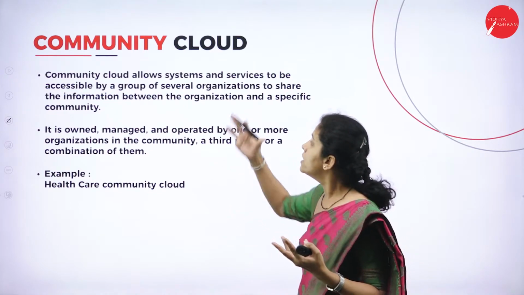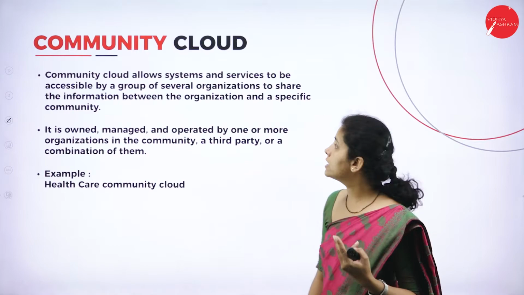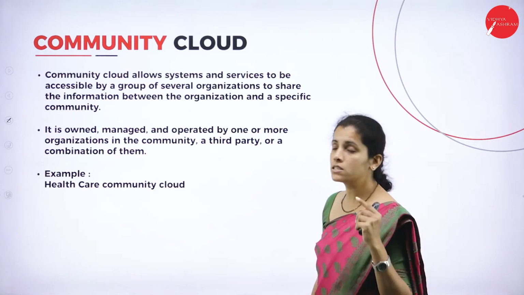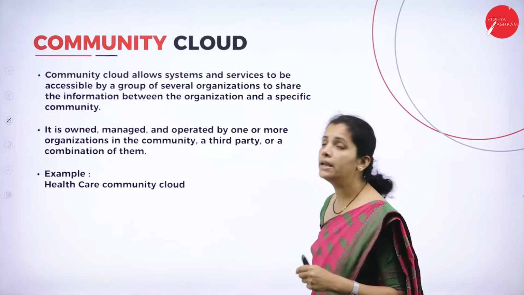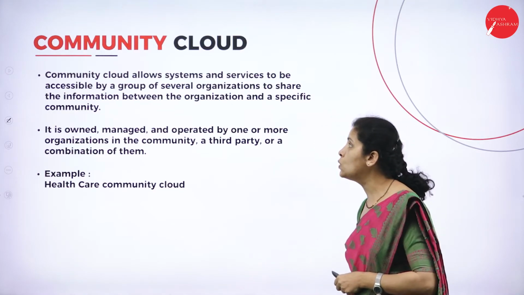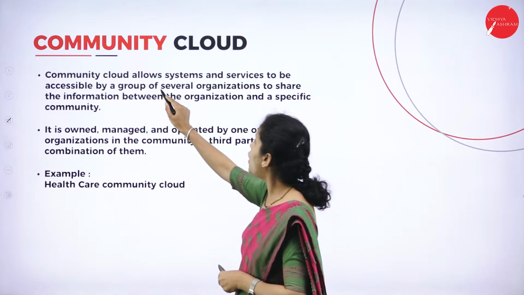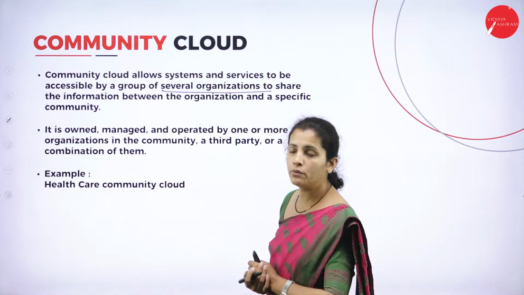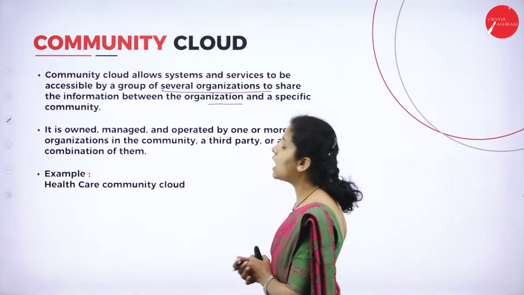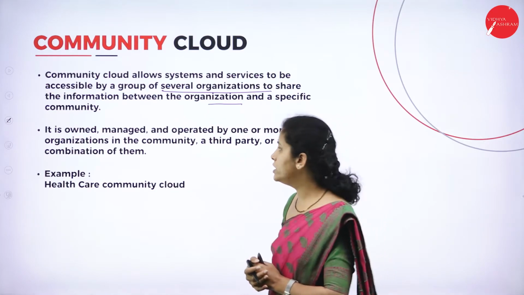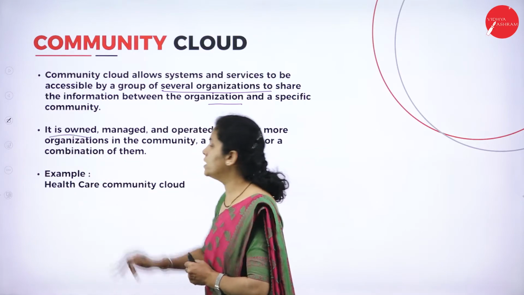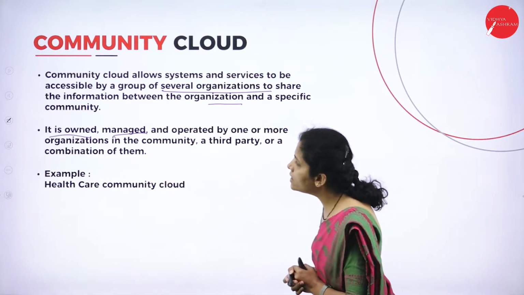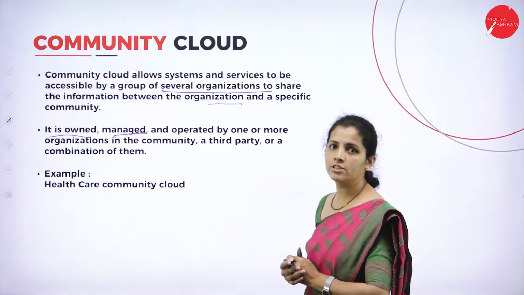So if I go with community cloud, it allows the systems as well as services to be accessed by a group of several organizations to share information between organizations and a specific community. It is owned, managed and operated by one or more organizations.